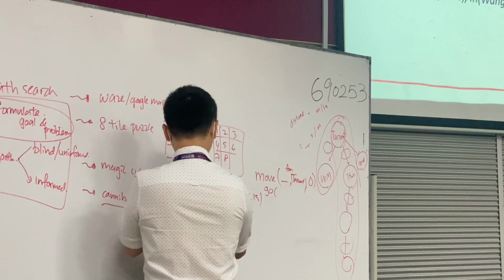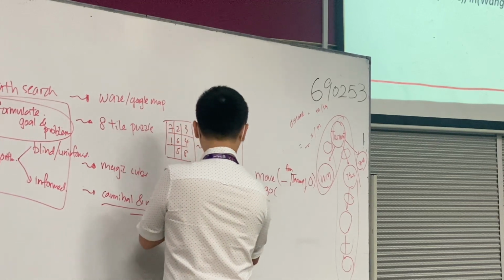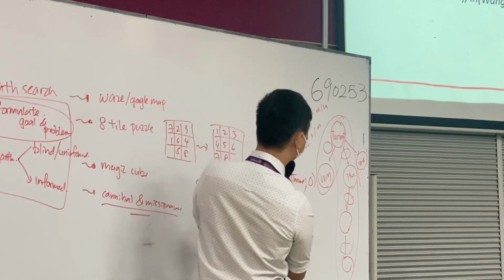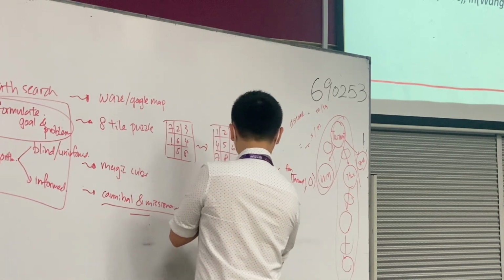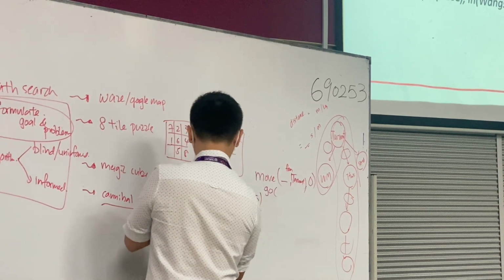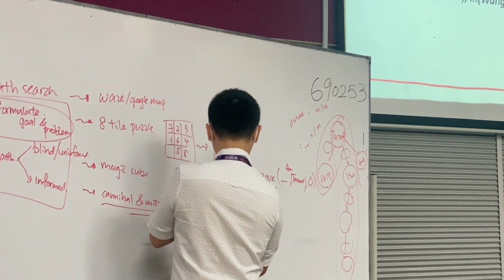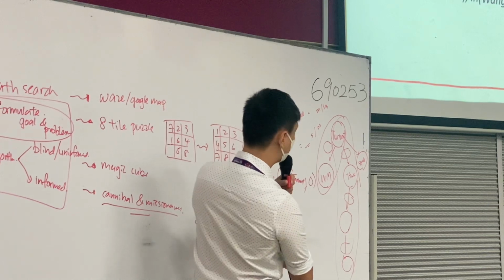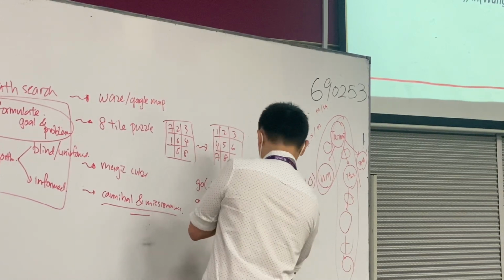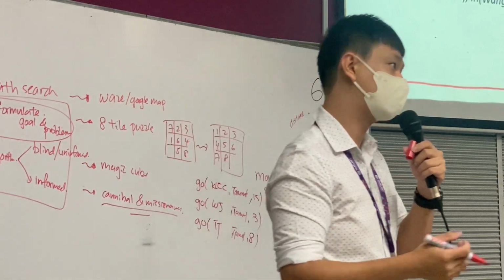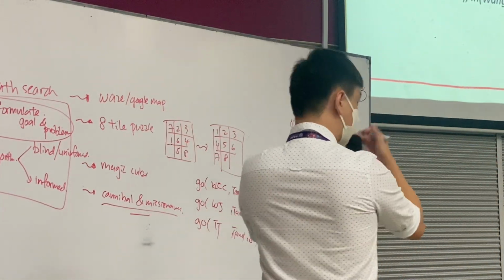The second successor function: you can start from Thai UMT and reach Wangsa Maju. It's 3 kilometers. And the last one, Thai UMT reaches DD Wangsa, 8 kilometers. So these are the three possible movements from Thai UMT to 3 different states.